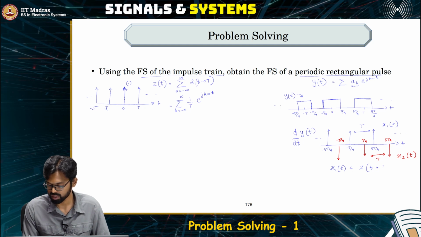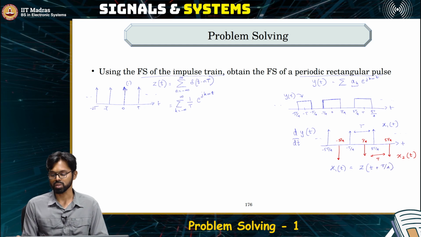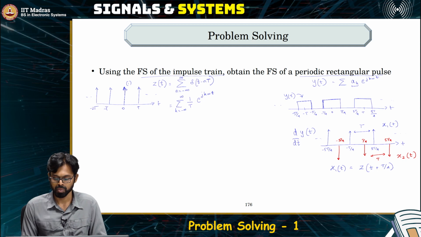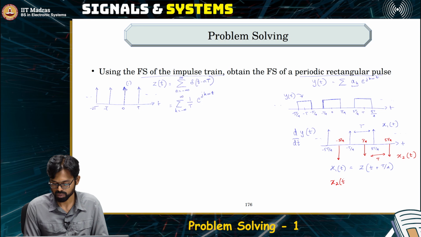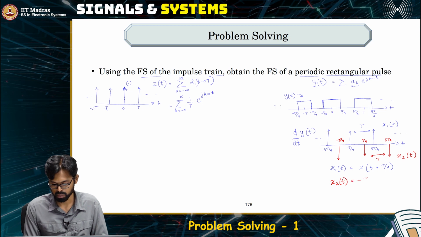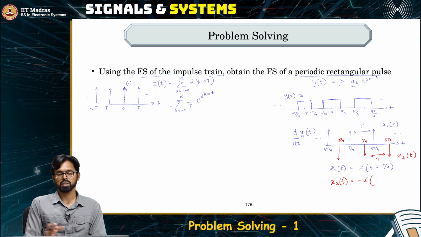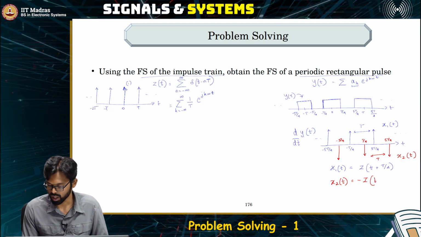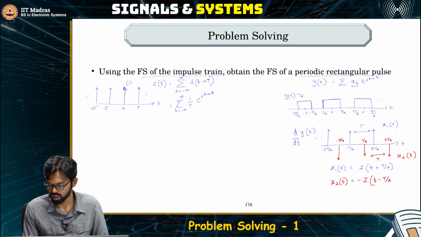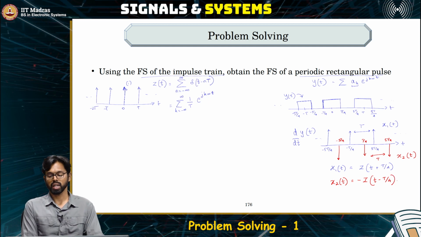What is shifting to the left? It is adding a positive value, which is plus T/4. Now what is x2 of t? x2 of t is the negative of the impulse train, but it is not having an impulse at 0. It is shifted to the right. So we have a shift of T/4 to the right.